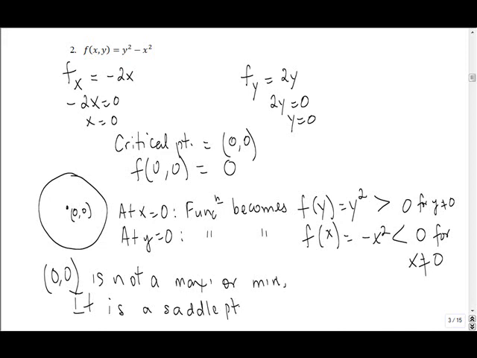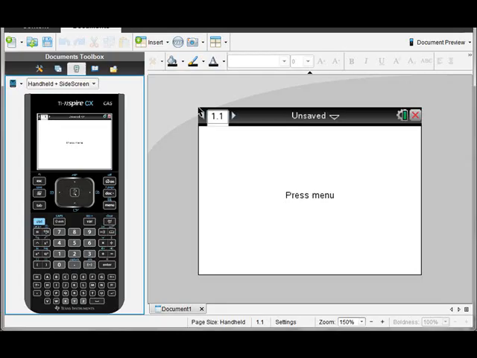Now, you know what I want us to do now? I want you to see what a saddle point looks like and maybe what a min looks like as well. So take your calculator, and I want us to plot this graph, f of xy equals y squared minus x squared, so that you can have a look at what it looks like. Remember what to do here.